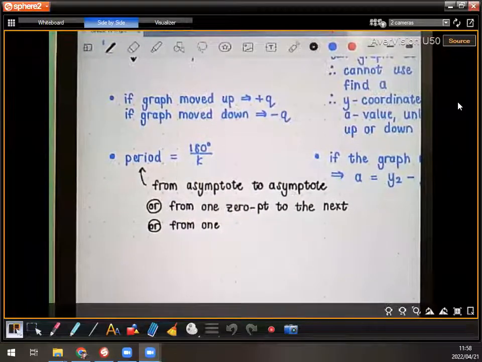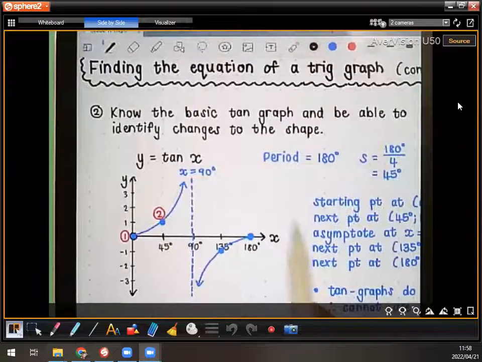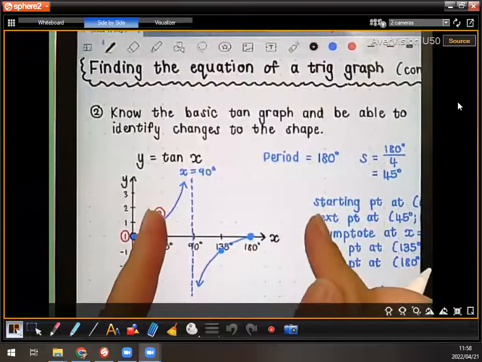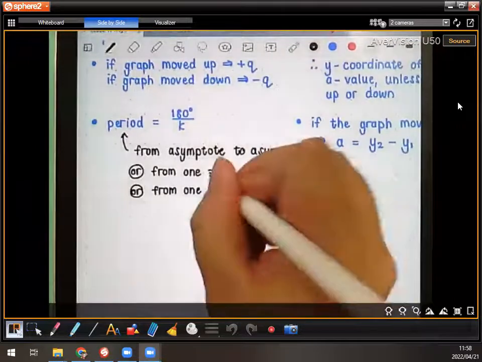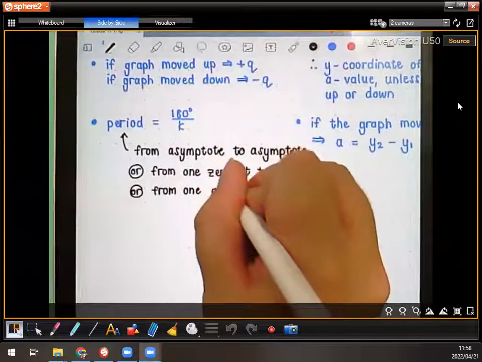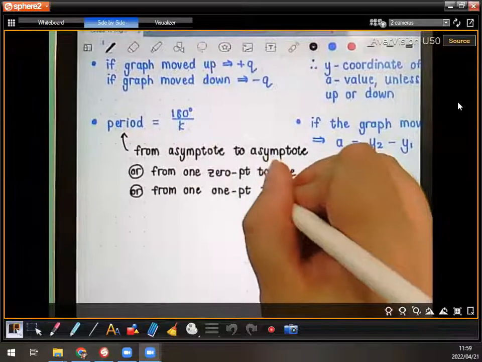You guys know what I mean when I say 1 point, okay? From 1 to 1, like the y value. So if I'm looking at this, that point has a y value of 1. So the next point with a y value of 1, that distance will be the period. That's what I mean by that. So from one point, let's just use a hyphen, to the next.